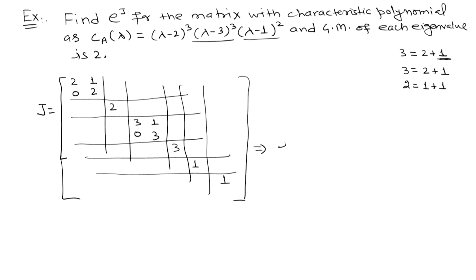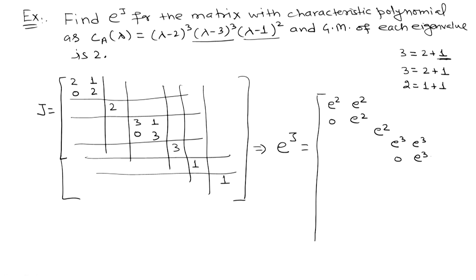Now, what I need to calculate is e raised to power J. First I will calculate for this block, so it will become e square, because e raised to power lambda, then e raised to lambda upon factorial 0, e square. Then I will come to this one, so it will become e square, then the Jordan block e raised to power 3, 0, e raised to power 3.